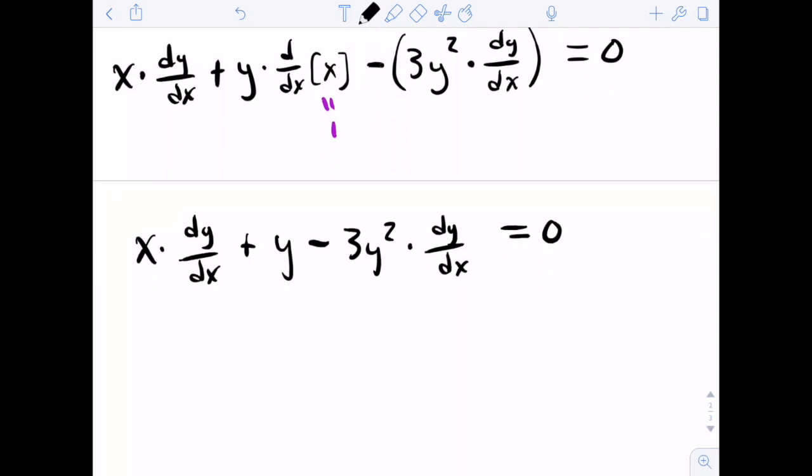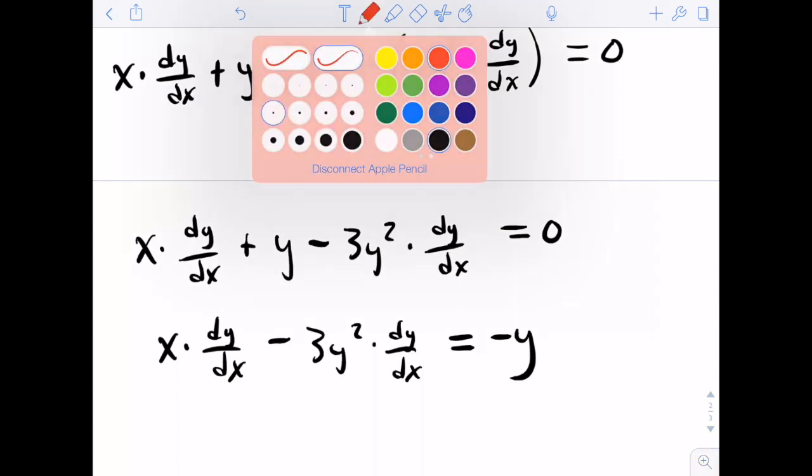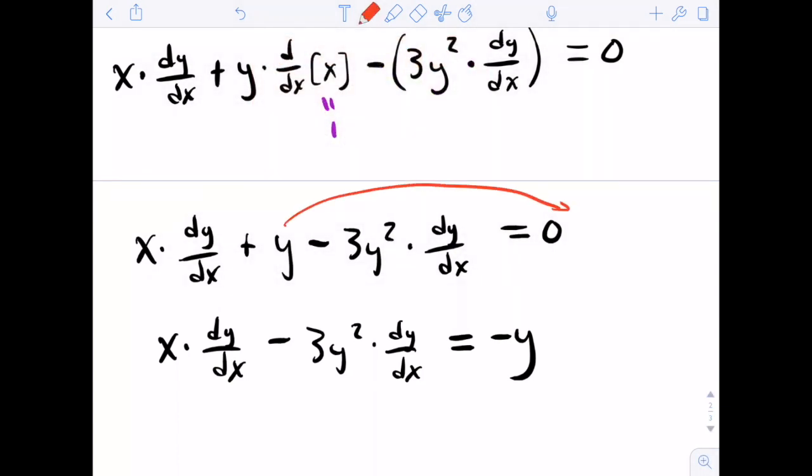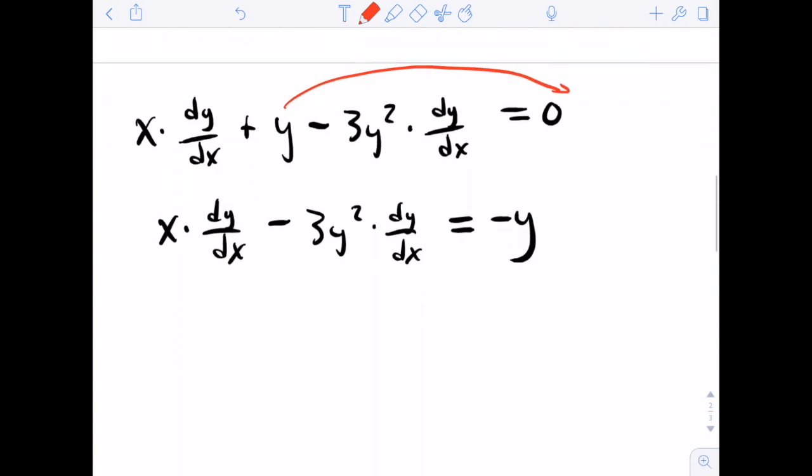So remember from class, we want to keep everything with the dy by dx on the left-hand side and move everything else that does not have it to the right-hand side. So we've got x times dy by dx, minus 3y squared times dy by dx, and then we're going to bring the y over here, and that's why there's a negative y.